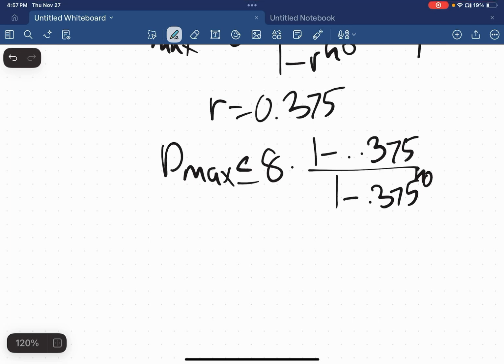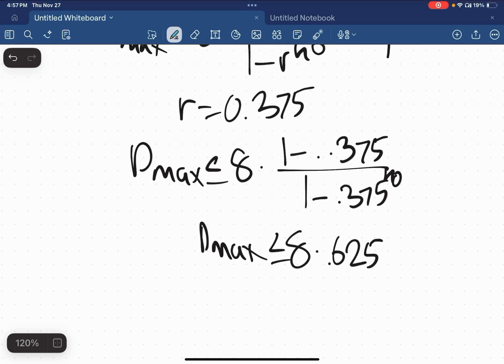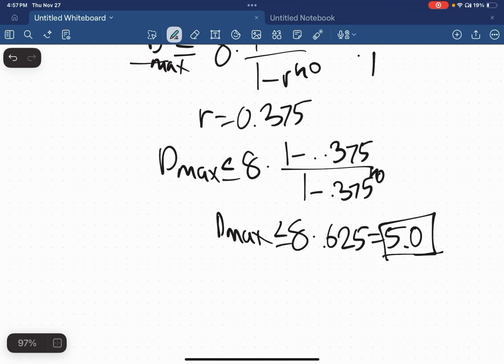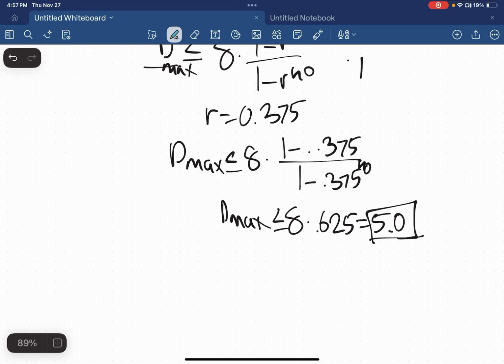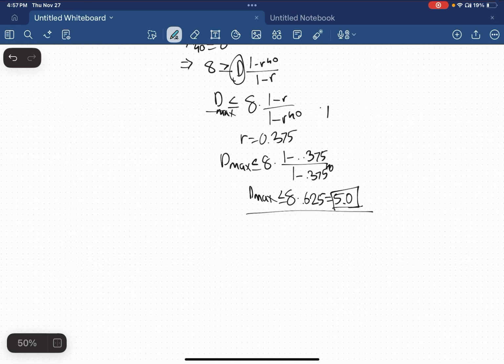It's effectively 1. So that means the maximum amount of drug that can be administered is going to be 8 times 0.625, which is equal to 5. So at one given time, the maximum a single dose can be is 5 milligrams for it to be safe after all of these days. And that is our answer. That's B? Yep, that was B.